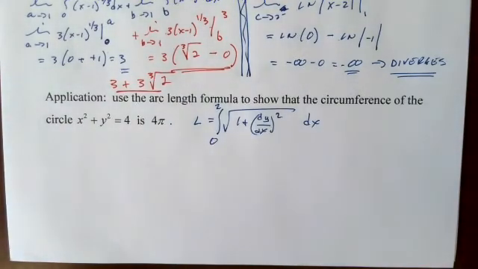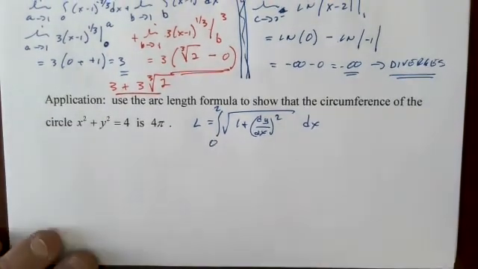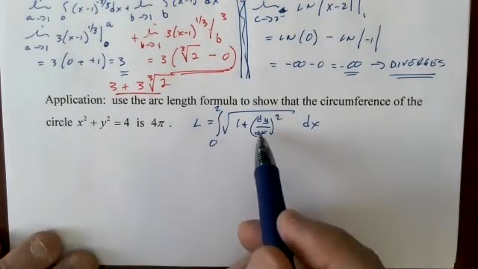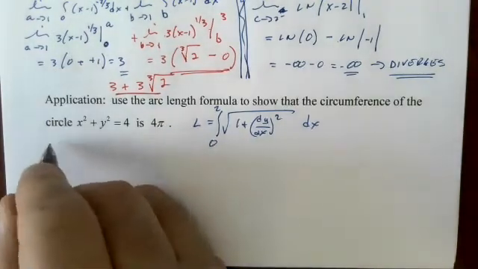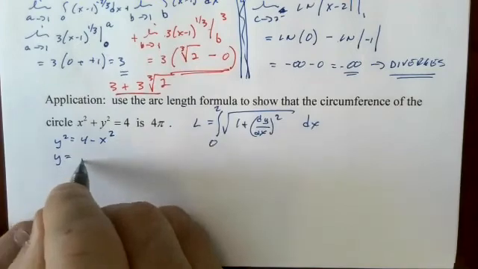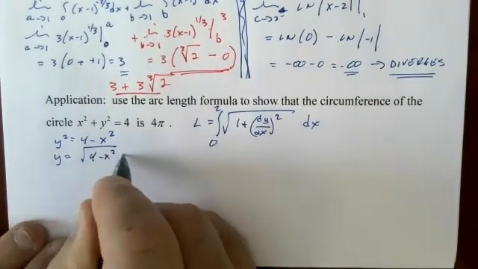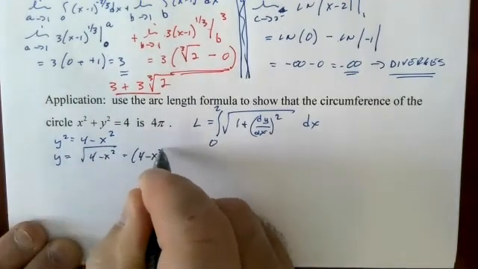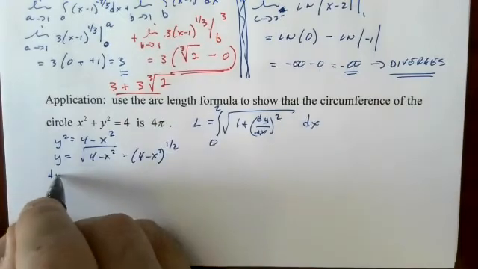Looks like I left this one for my students. y squared equals 4 minus x squared, y equals the square root of 4 minus x squared, that's 4 minus x squared to the 1/2, dy dx.